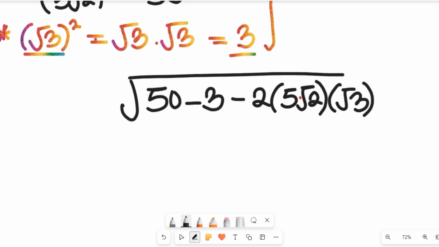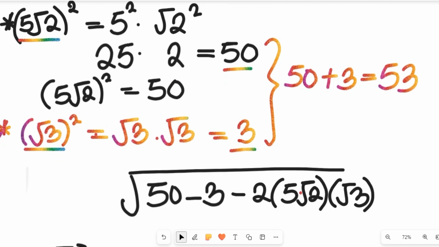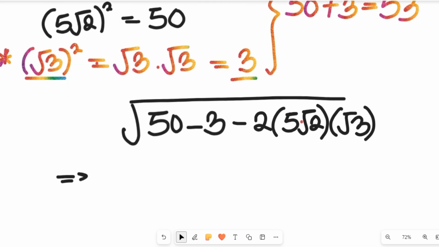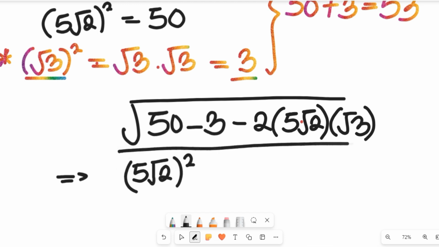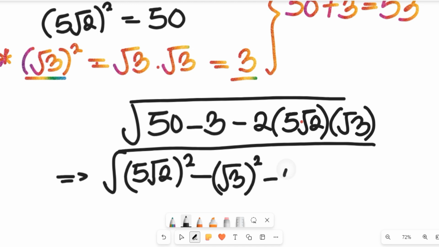Now, from this expression, we have seen that 50 is equal to 5 root 2 squared. So we'll have 5 root 2 squared, and 3 is equal to root 3 squared, and then we'll have minus 2 multiplied by 5 root 2 multiplied by root 3.